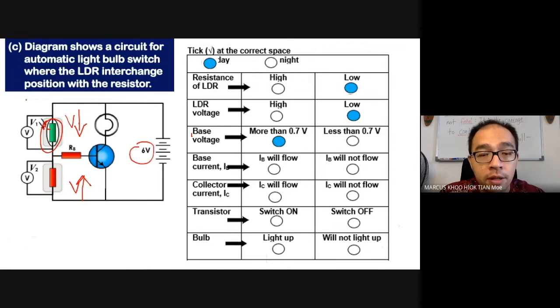Now, if the base voltage is more than 0.7 volts, the next 4 things that happen will always follow suit. More than the junction voltage, base current flow, collector current flow, transistor switch on, bulb will light up. So this is how kamu punya lampu jalan mungkin boleh turn on pada time siang.